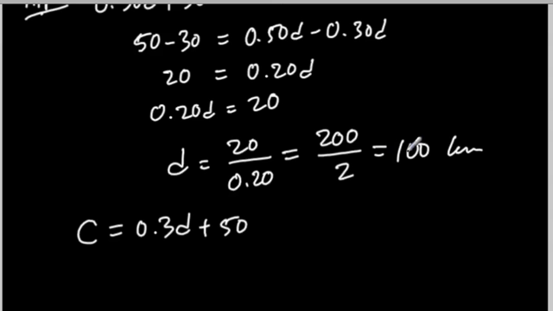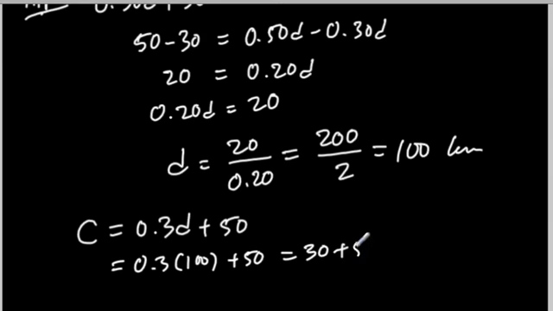We know the number of kilometers driven to make it neutral is 100, so plug that in. 0.3 times 100 plus 50 is 30 plus 50, which is equal to 80 bucks. If you're going to drive 100 kilometers, both companies will cost 80 bucks.